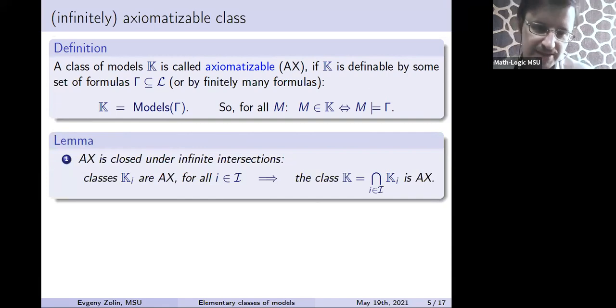We can characterize axiomatizable classes using finitely axiomatizable classes later, but we will use the following property. The family of axiomatizable classes is closed under arbitrary intersections, finite and infinite. So if we have many axiomatizable classes indexed by some I, then the intersection is again axiomatizable.